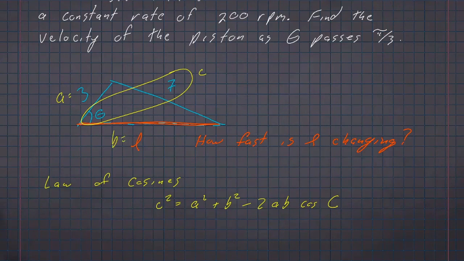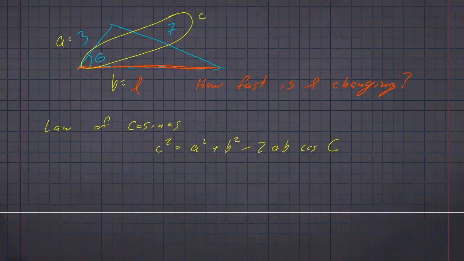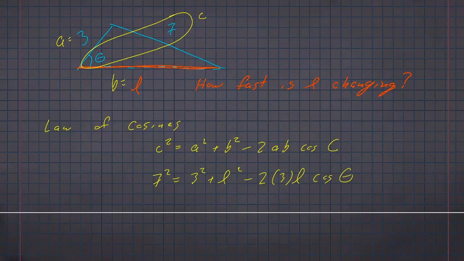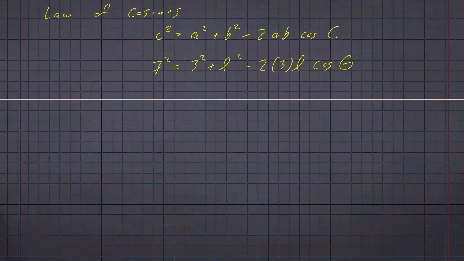I'm going to go ahead and set a to be the constant of 3, and b will be the L that is changing. So using our particular values, we now have that 7 squared is 3 squared plus L squared, minus 2 times 3 times L times the cosine of theta. Cleaning that up a little bit.